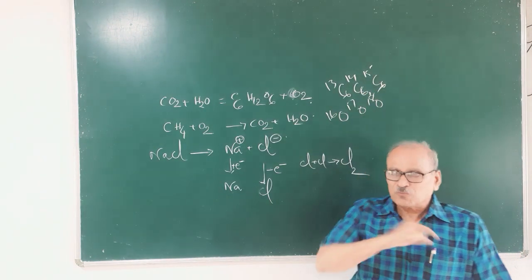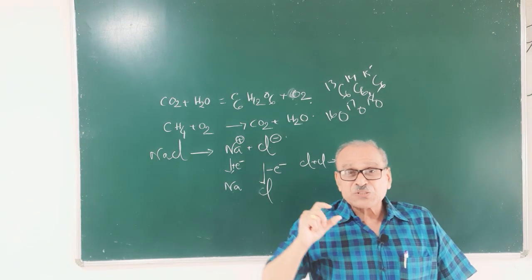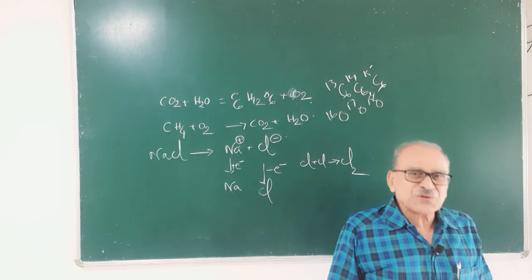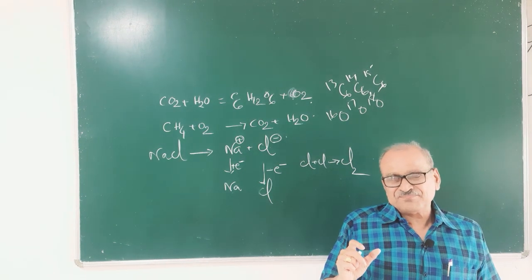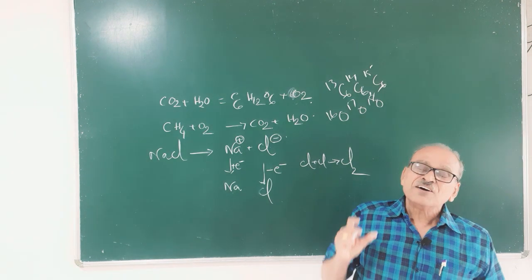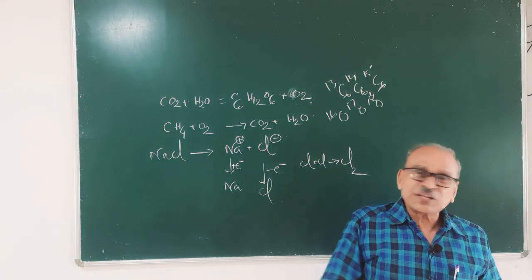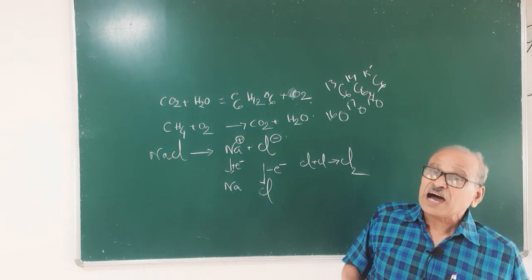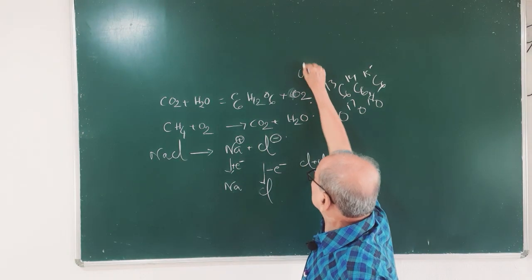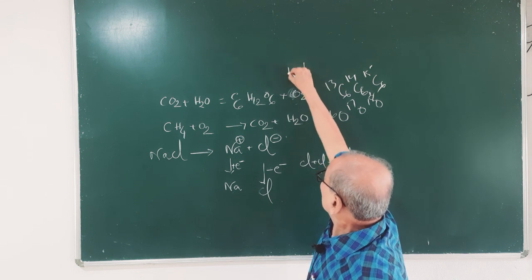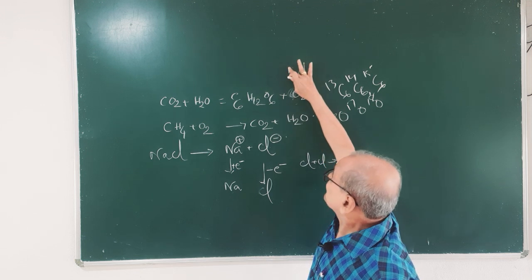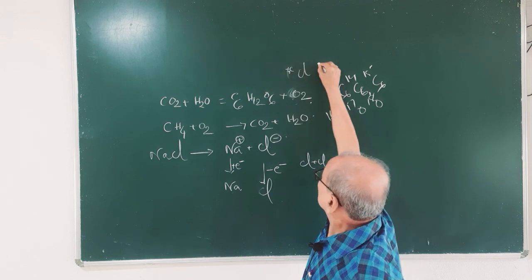Now, these isotopes have a particular ratio in nature. Isotopic abundance is fixed in nature. For example, if you take a chlorine atom, we have two chlorine isotopes, Cl-35 and Cl-37.